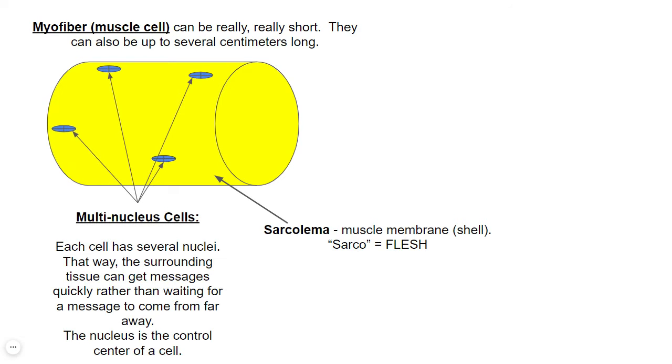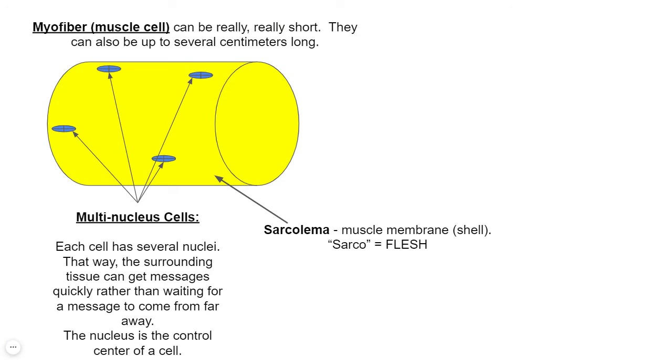Now, on top of the cell and throughout, there are little lumps, and inside the lumps, you'd see these little nodules, and those are the nuclei of the cell. Muscle cells are interesting because one cell has multiple nuclei.